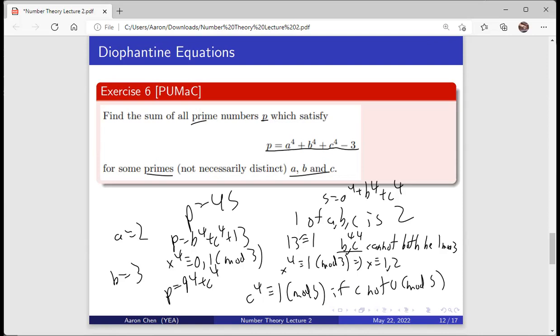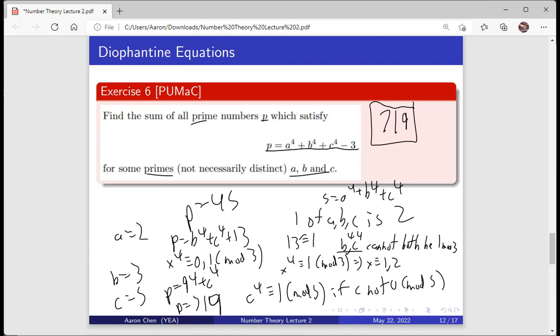So we must have that c is equal to 5. Plugging that in, you get that p is equal to 719. And if you check, 719 is actually prime. So the sum of all primes p that work is 719. Although it says sum, in reality the answer is just one number itself.